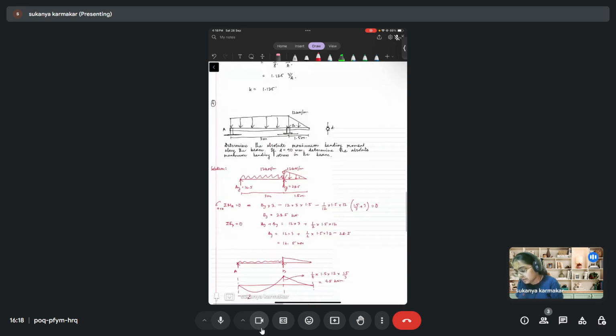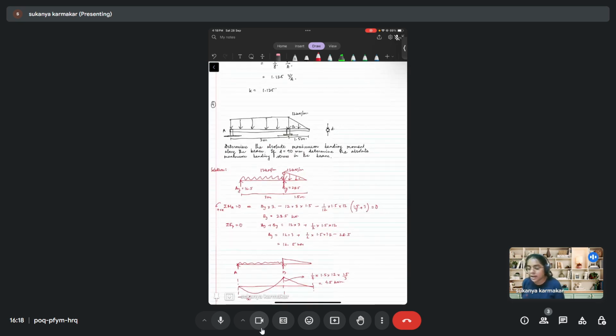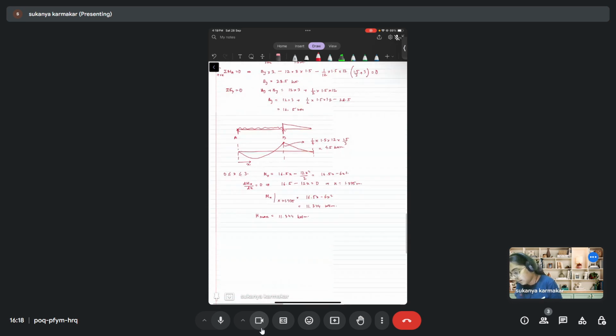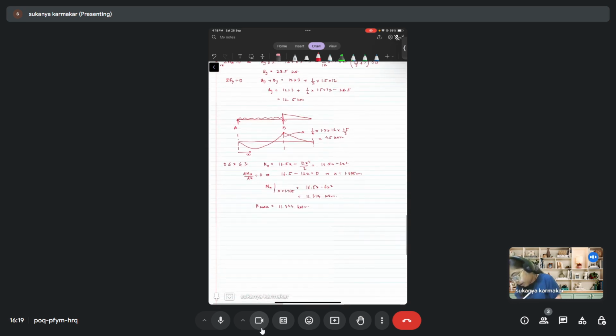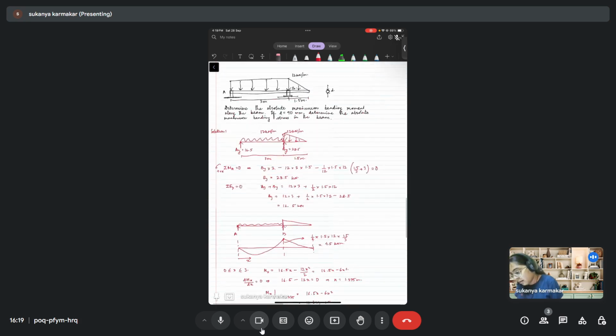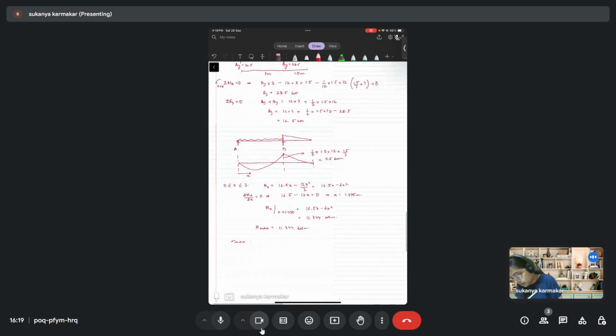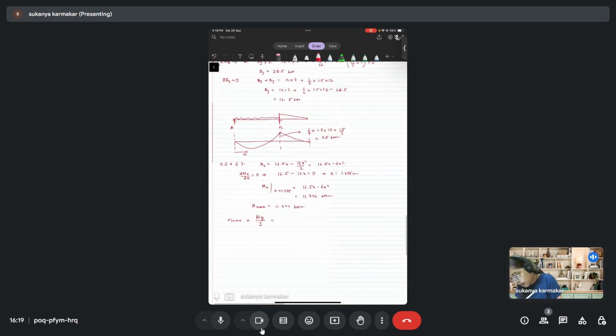And now we have the second part of the question, that if the diameter is equal to 90 mm, then we need to determine the absolute maximum bending stress in the beam. So the absolute maximum bending stress is My by I. The maximum bending moment is 11.34 kilonewton meter.